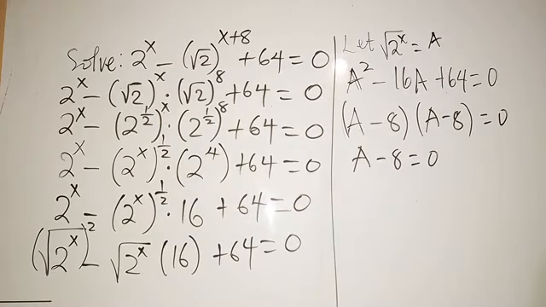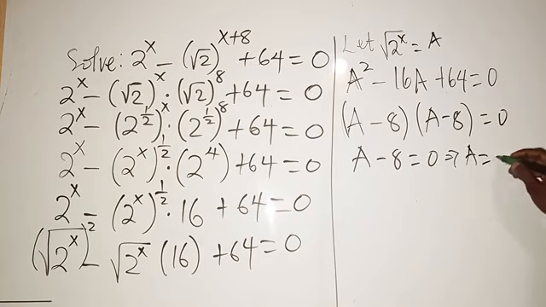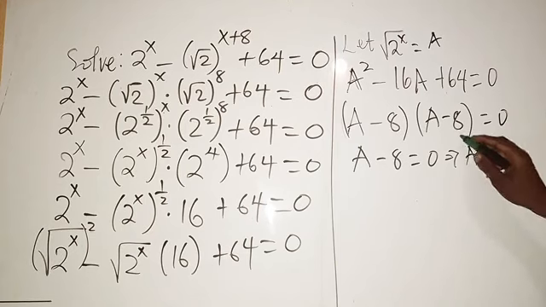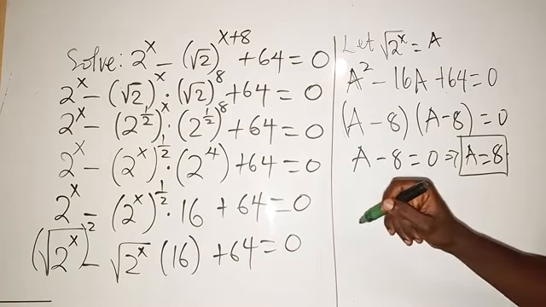So now from there, we have a equals 8. Don't forget that this a equals 8 is not what we are looking for, because we just introduced the variable a. So we need to go back to where we let a be.